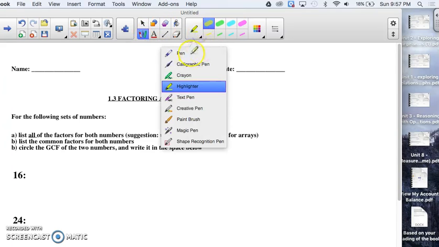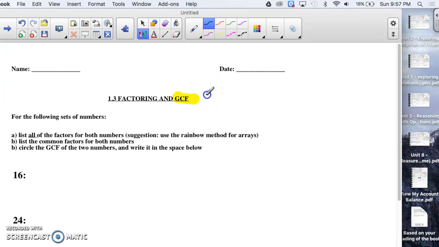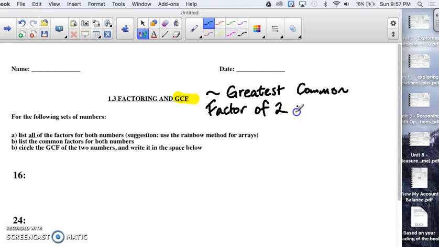And that refers to the greatest common factor. So please jot this down. The GCF refers to the greatest common factor of two or more numbers. And we talk about that in the context of factoring.